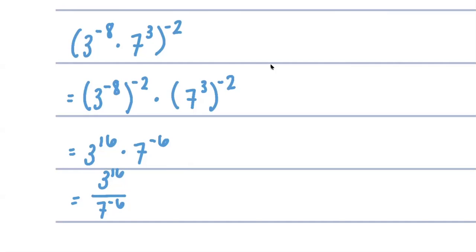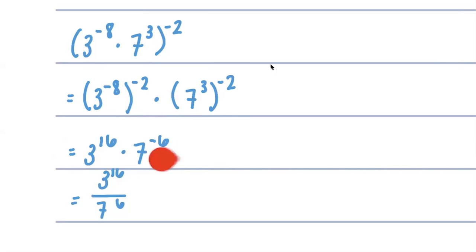Yeah, okay. It's easier to put the 3 to the power 16 times 7 to the power negative 6. Yes. Yeah, it is. But sometimes it's easier to deal with, oh, this should be positive actually. It's easier to deal with positive exponents, which is why I like to do it, but you can definitely leave it in this form here.